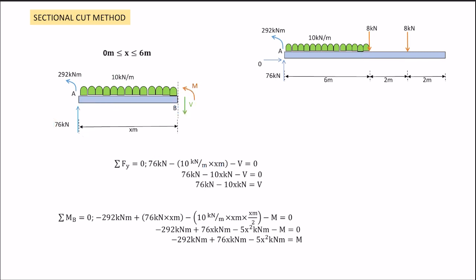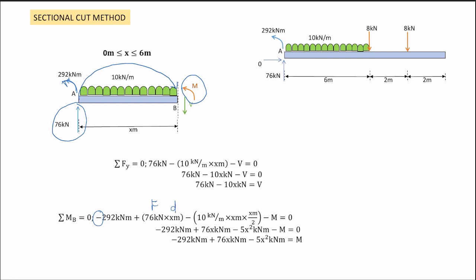We have the moment equation sebab kita nak dapatkan reaction untuk M ini. You have one moment which is 292 counterclockwise, therefore negative. You have the force 76 kilonewton going to the B, meaning the distance going to be X meter.